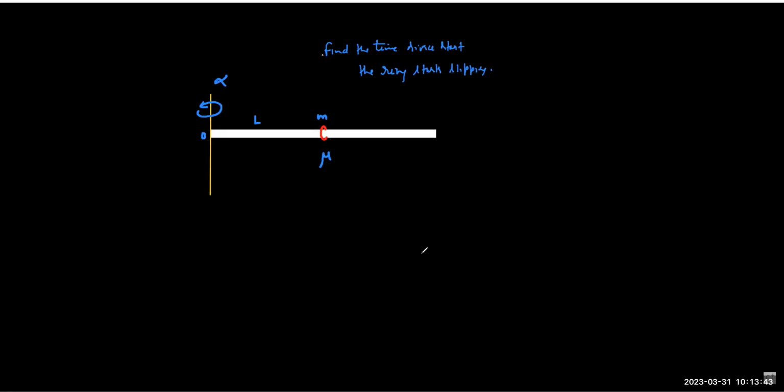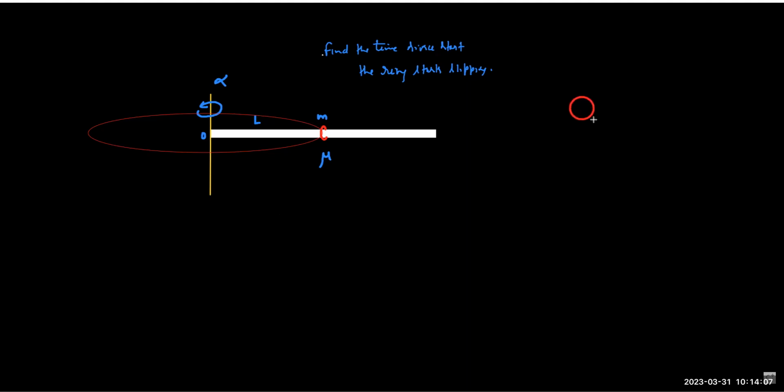So if you try to draw the FBD, first of all, you can see that this ring will move in which plane? Horizontal plane. So till it is not slipping, what is the motion? The path is circular, right? And if you look from the cross-sectional point of view, I'll show you something.